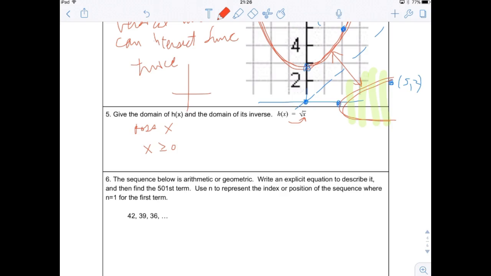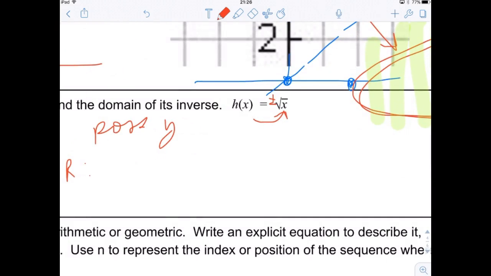Can we do the range? Let's try to do the range. The range here would be all possible values of y. What are the possible values of y here? The square root of a number is always going to be the positive square root, unless we say negative right here in front of the root sign, and we didn't.